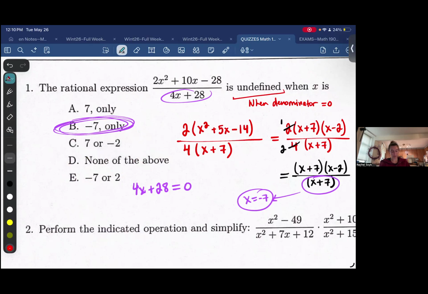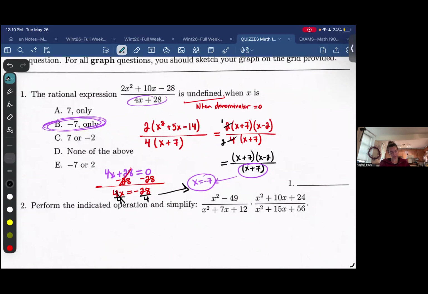But again, you can figure it out this way as well. Subtract 28 from both sides, and then divide both sides by 4, and then you once again get x equals negative 7. Right?